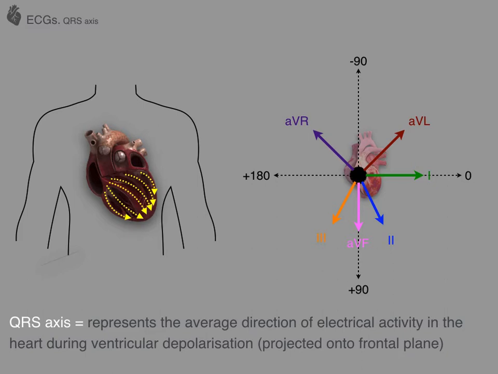Often you'll just hear people refer to the axis of an ECG. Unless otherwise specified, what they are almost certainly referring to is the QRS axis of the ECG. The QRS axis simply tells us the average direction of electrical activity in the heart during ventricular depolarization.